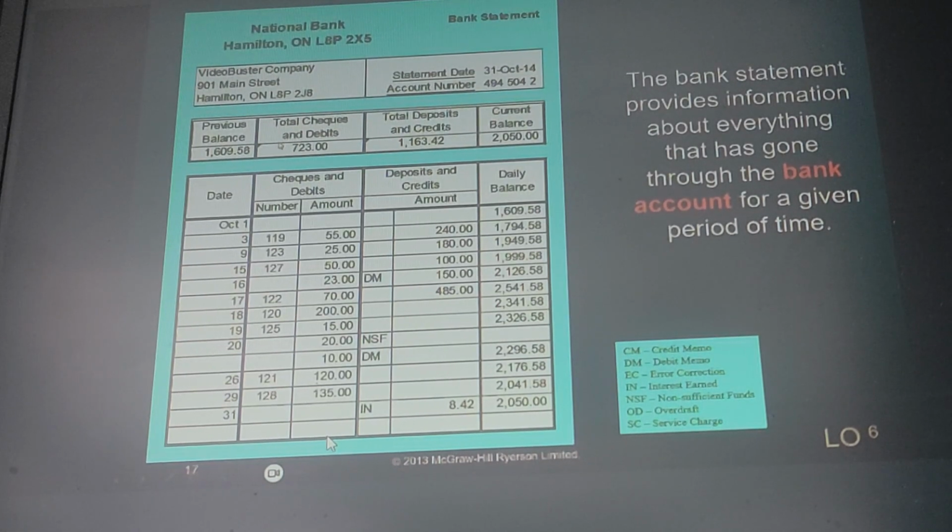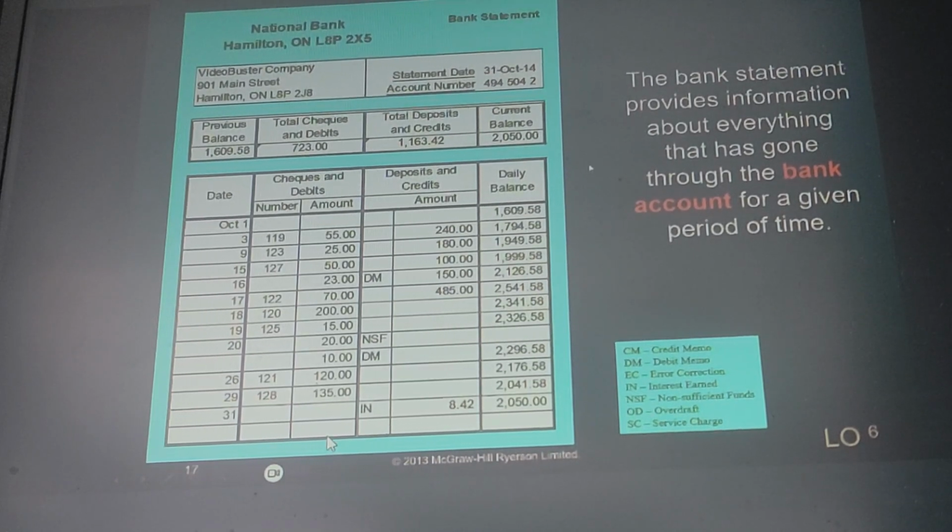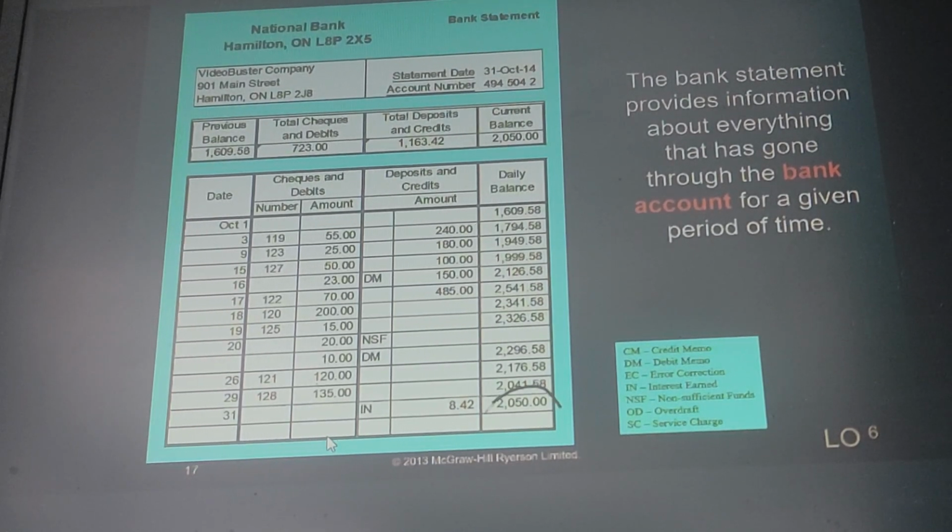Okay, and then you see here, that's the previous balance, which is the balance of last month. That's your current balance. That's the summary. And see here, this is what happened to your account, and see this is your balance. See, this is a summary of what they give you on top.